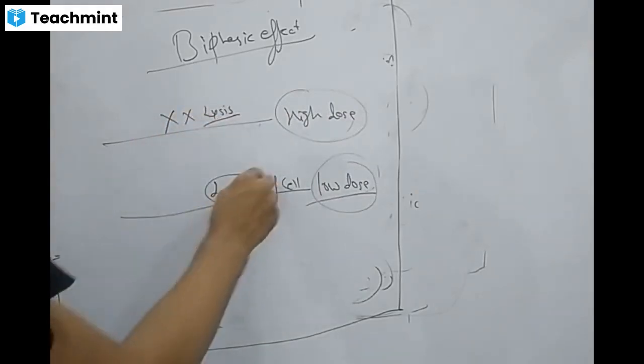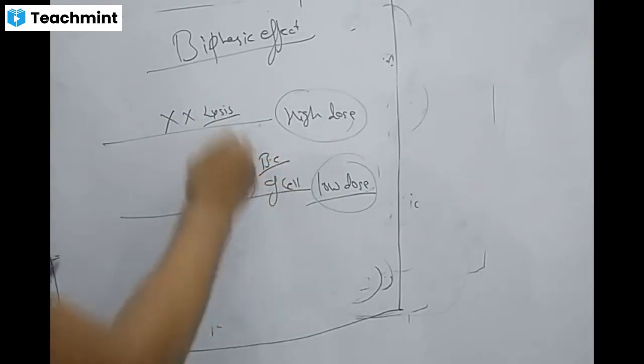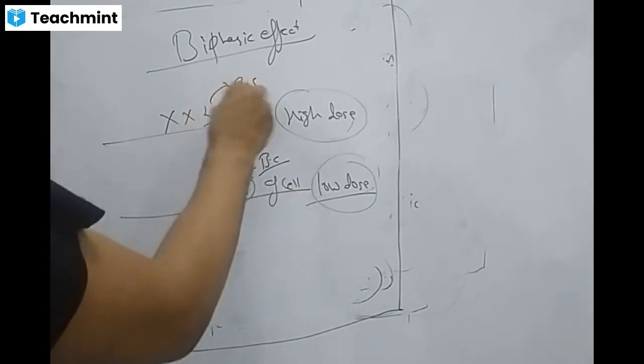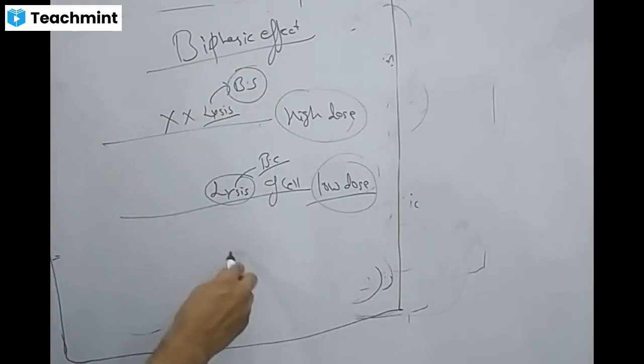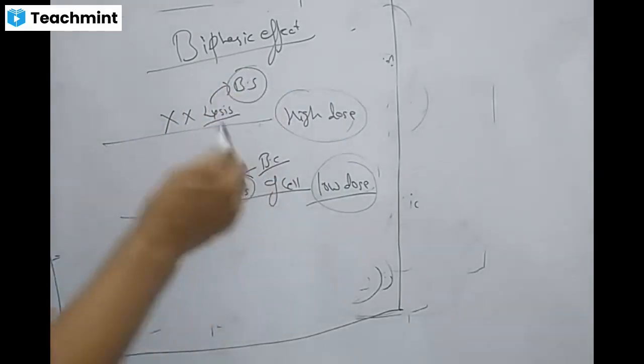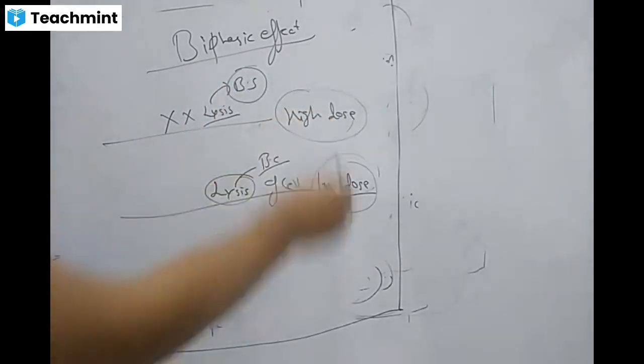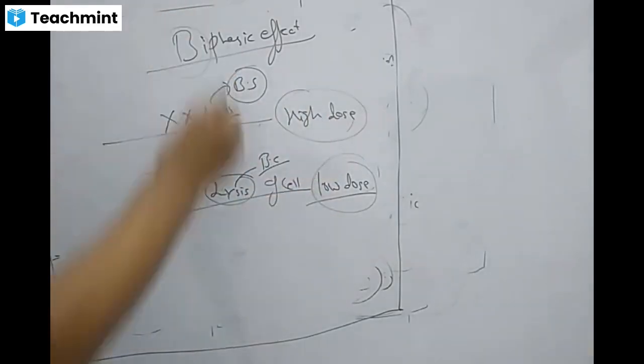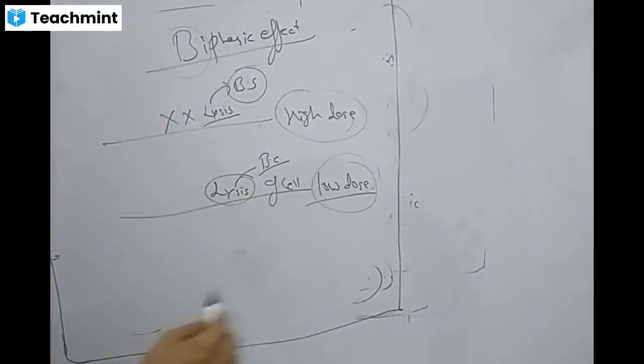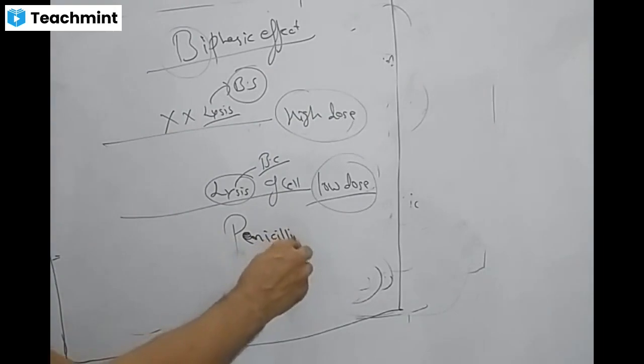This lysis is a bactericidal effect, and no lysis you can say is a bacteriostatic effect. That is, at two different concentrations or doses, a two-phase effect is shown, that is biphasic effect, and this is shown by the penicillin group of drugs.